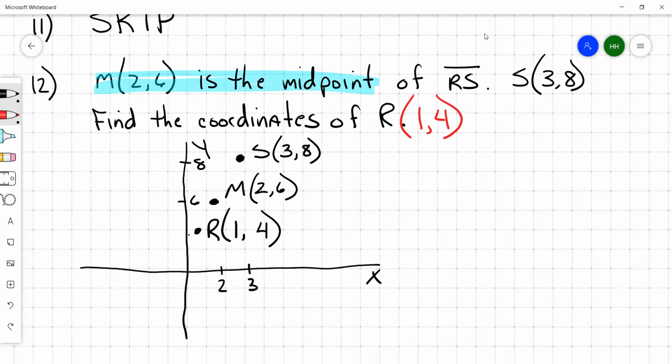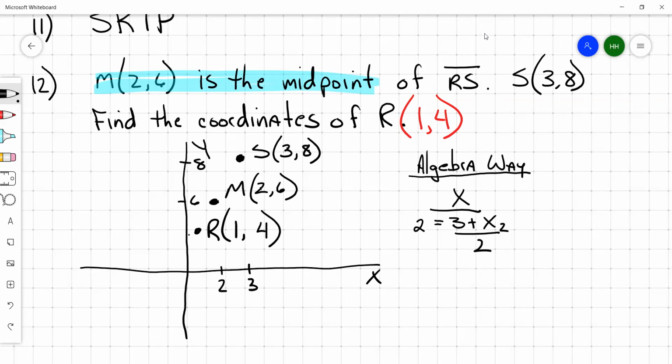All right, and then here's the math way to do this. This is the algebra way. In terms of your x, you take the midpoint, which is 2, and the midpoint's equal to one of the x's plus the other x divided by 2.